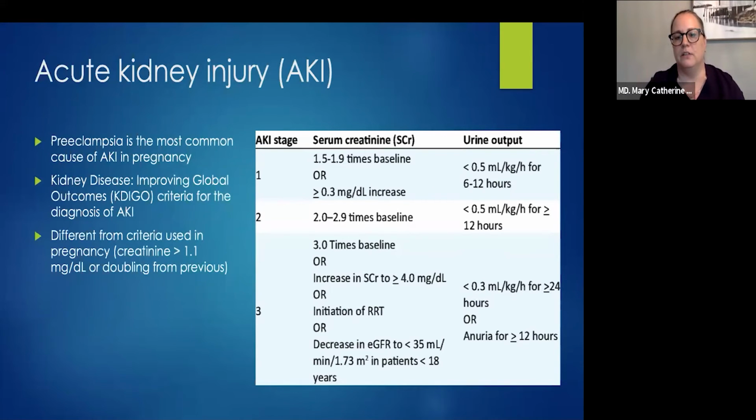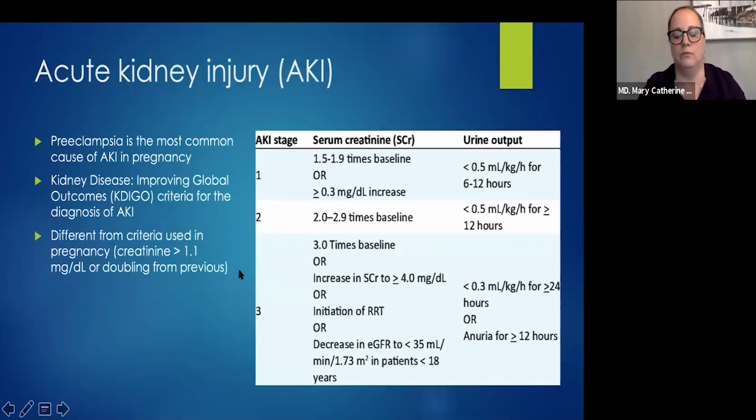And that's just based on the level of rise in the serum creatinine, whether it's 2 times above the baseline or less than 2 times above the baseline, and then the specifics of the urine output, and whether that's been ongoing for 6 to 12 hours or greater than 12 hours.